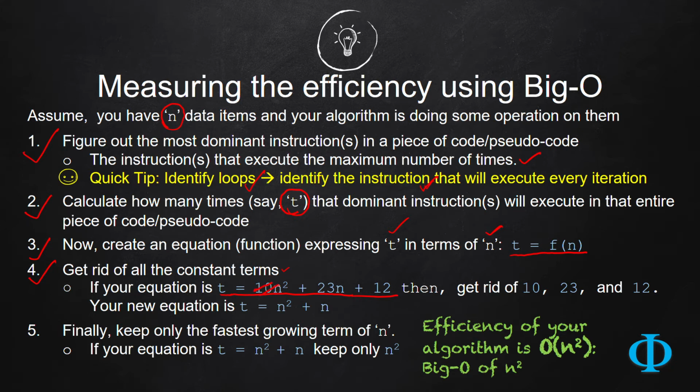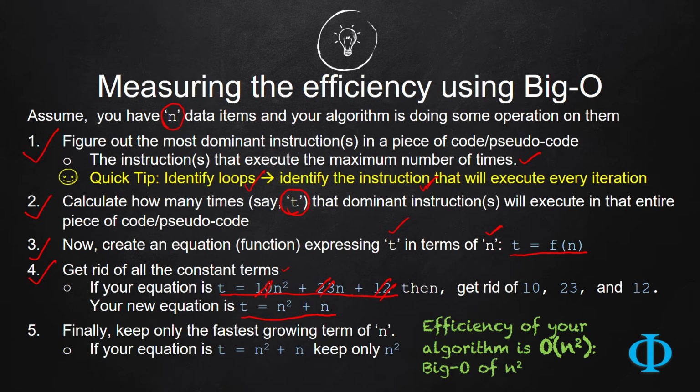Here, just get rid of 10. Just keep this n square. So now your new equation is just t equals n square plus n.